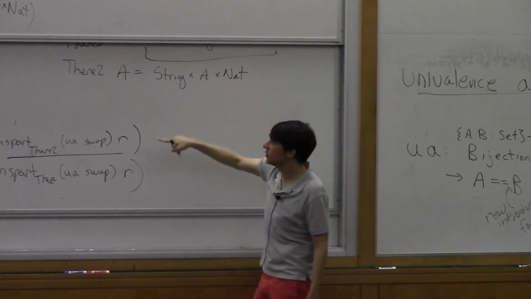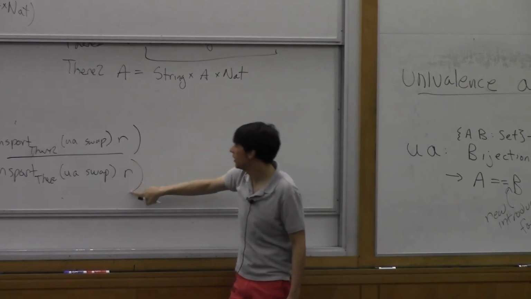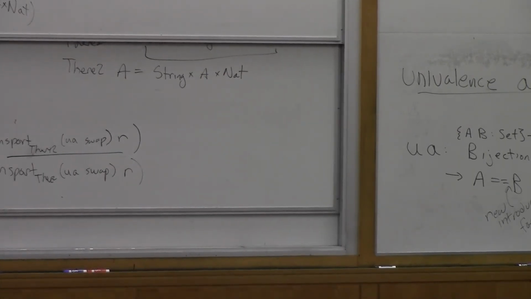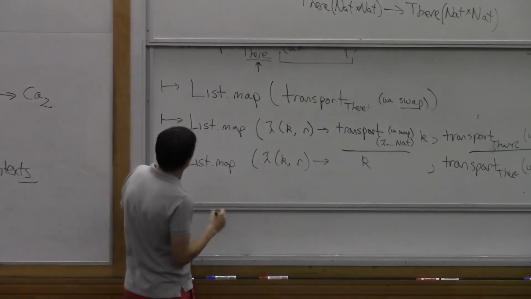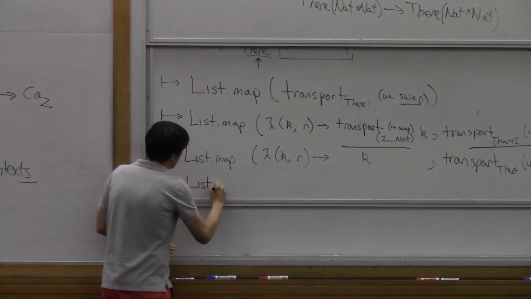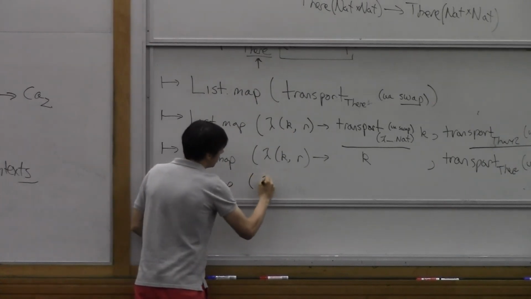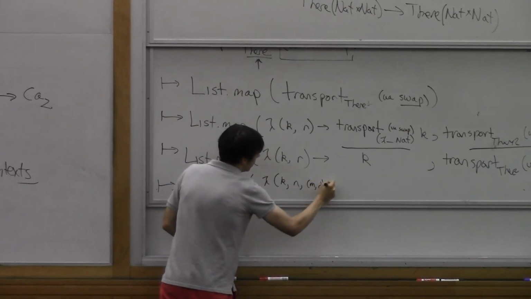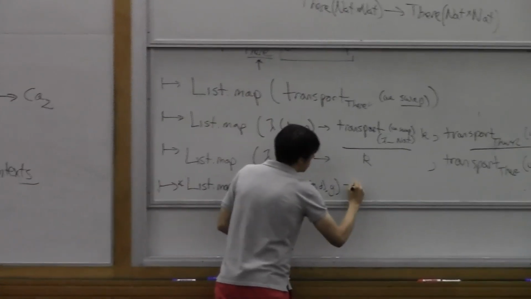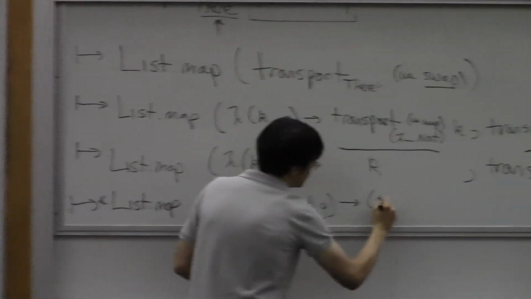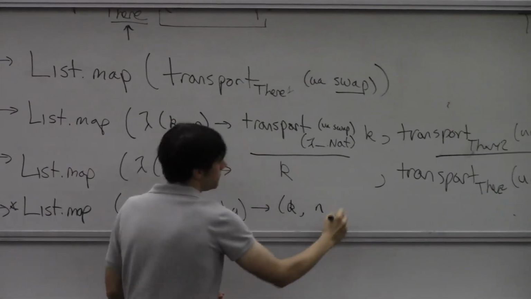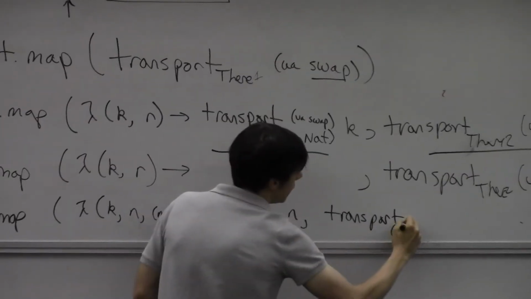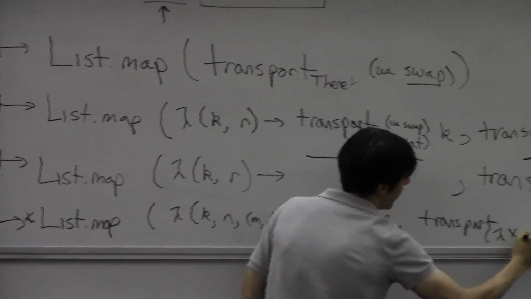And so if I do this step and this step a couple more times, do the one for constants, do the one for products, then what I get is list.map of lambda key name month, day, year goes to key name, transport lambda x dot x.